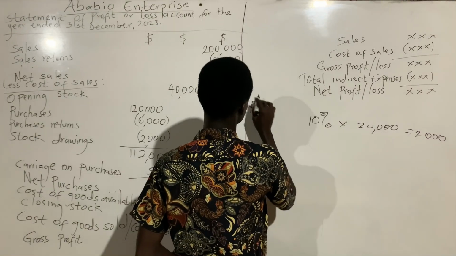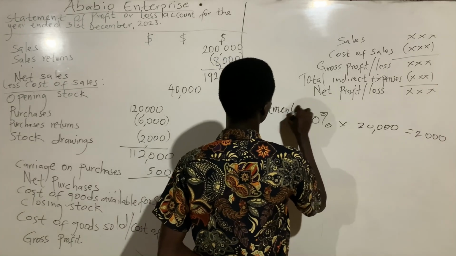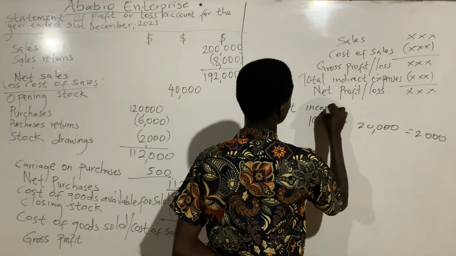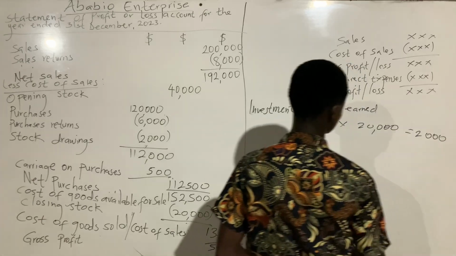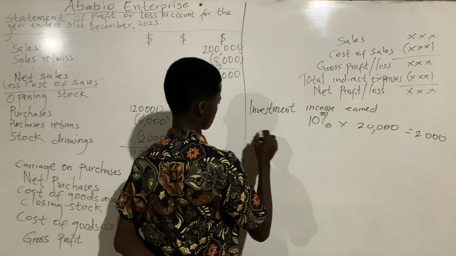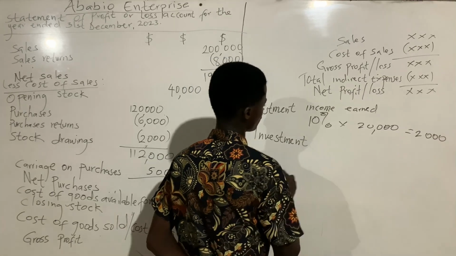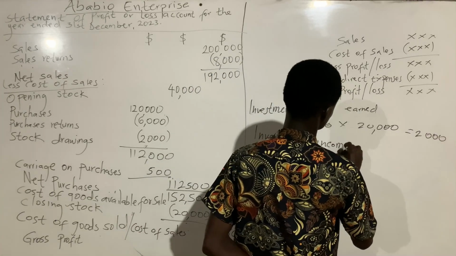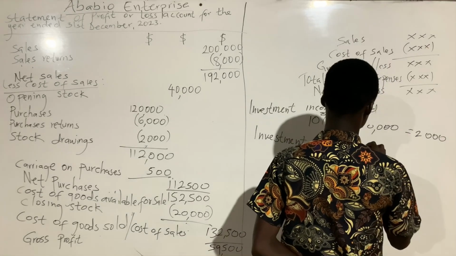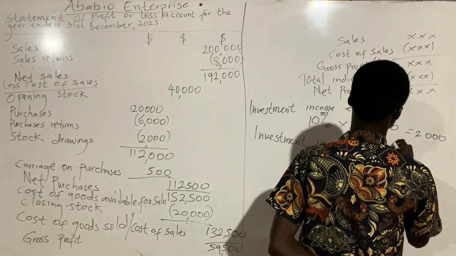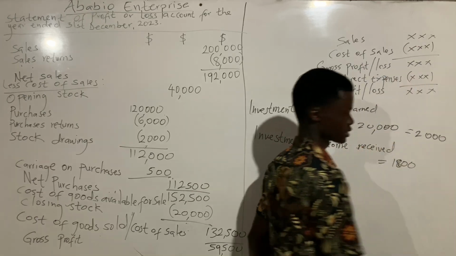So we will say investment income earned, and it is $2,000. And the one on the trial balance is the investment income received, and its amount is $1,800.